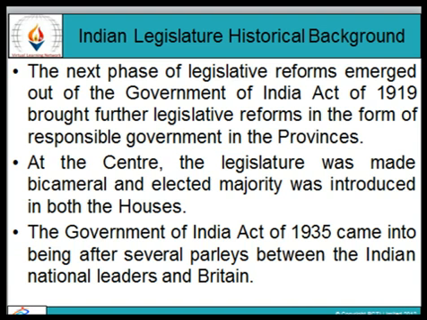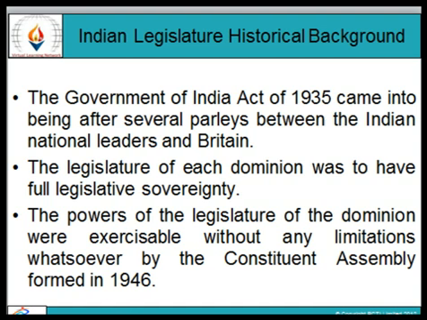The Government of India Act of 1935 came into being after several parleys between Indian national leaders and Britain.